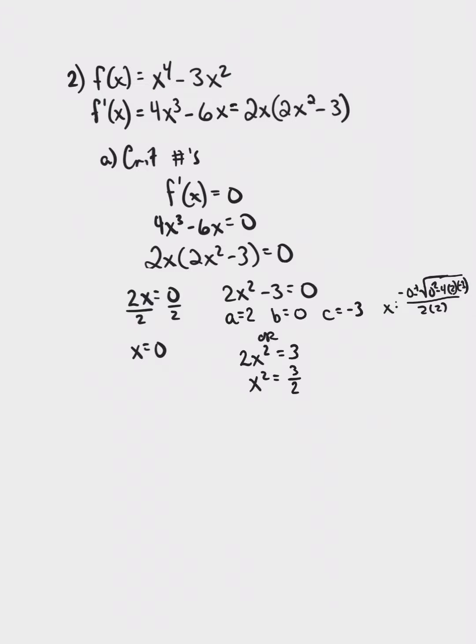And so whenever I take that square root, I got to make sure and remember to put that plus or minus in front of it. So we get that. All right, so there's our critical numbers. So there's our answer to part A.